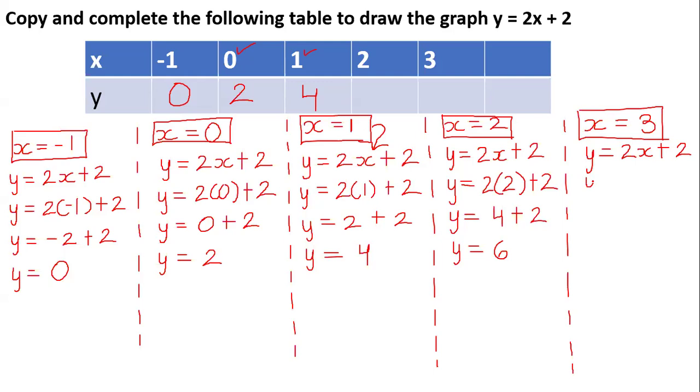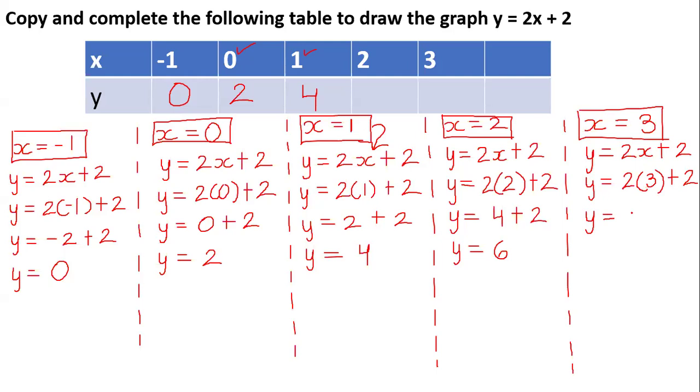So y is equal to 2, open bracket. Instead of putting x, we're gonna put 3, very good. 3 plus 2.